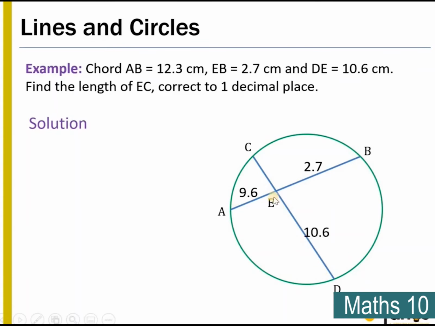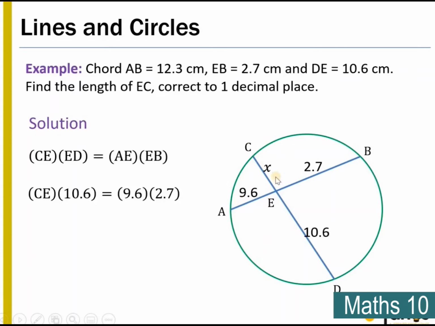We also know that DE is 10.6. So using the theorem, CE times ED equals AE times EB, we know that CE times 10.6 equals 9.6 times 2.7. So CE equals 9.6 times 2.7 over 10.6, which is 2.4 centimeters.